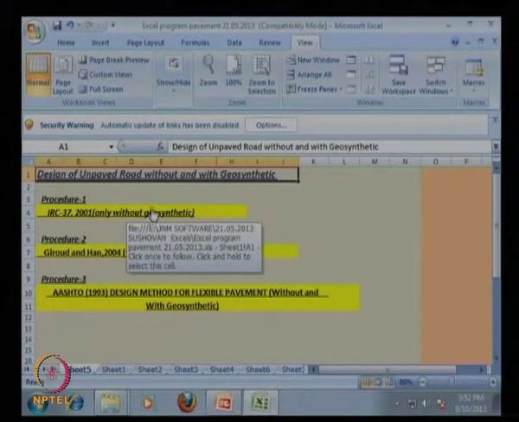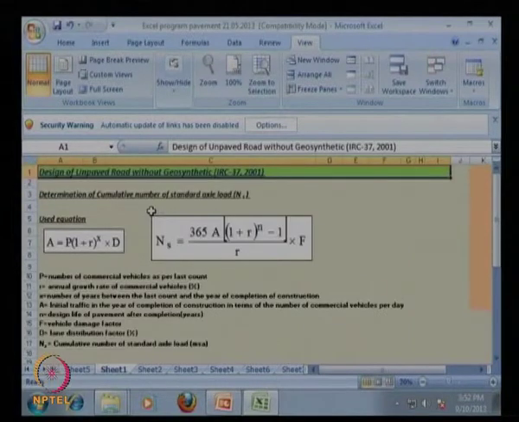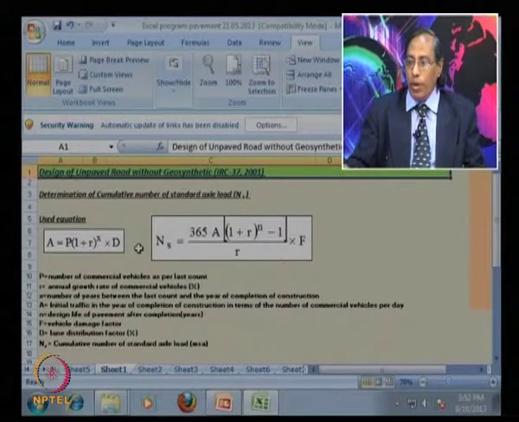First of all, I want to show the IRC 37-2001 method, that is the determination of the cumulative number of standard axle loads.